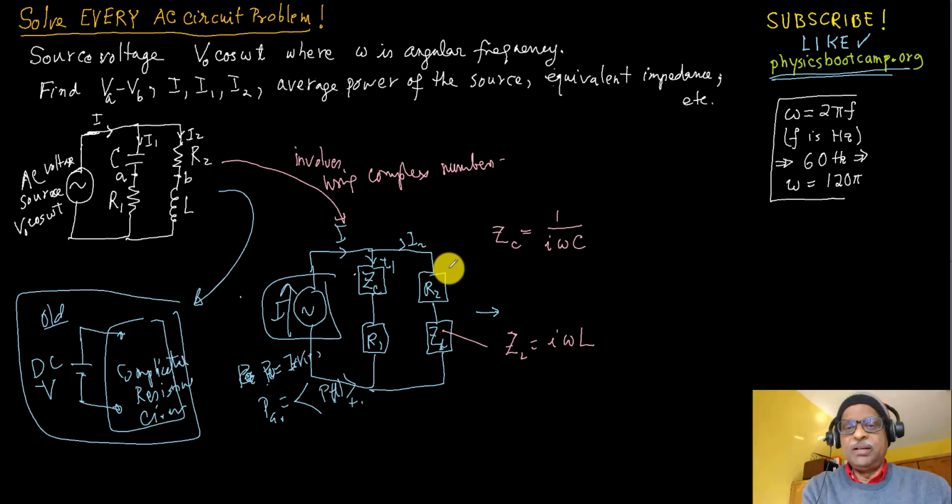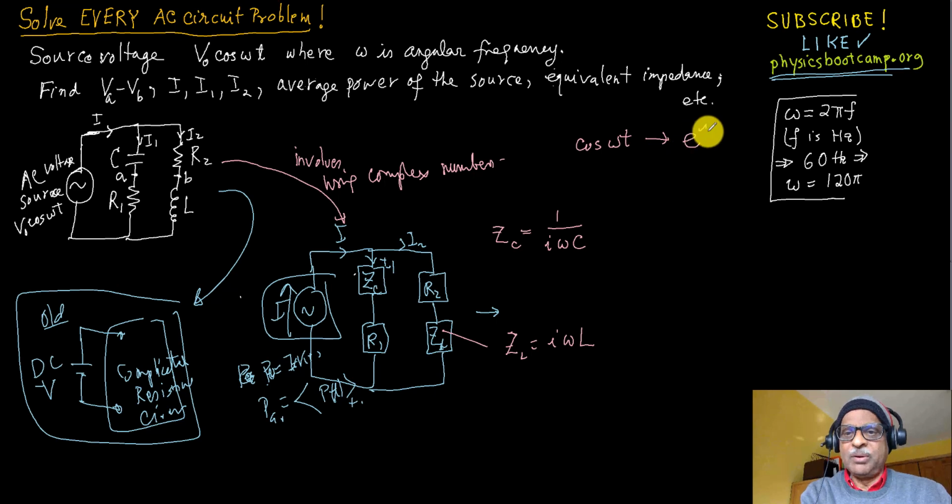Well, we are going to replace the cosine omega t by e to the power i omega t, where i squared is minus 1.